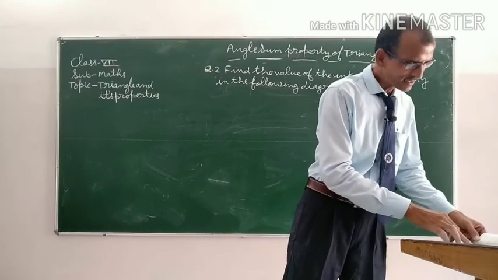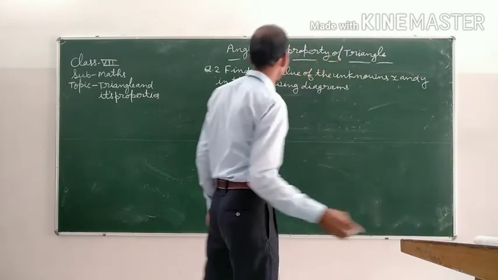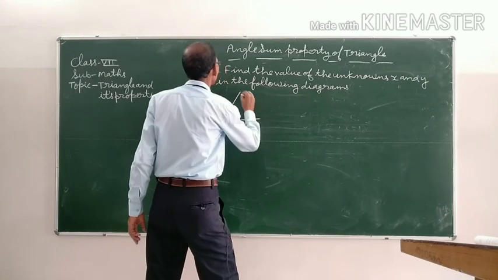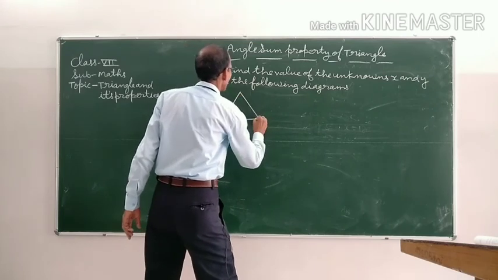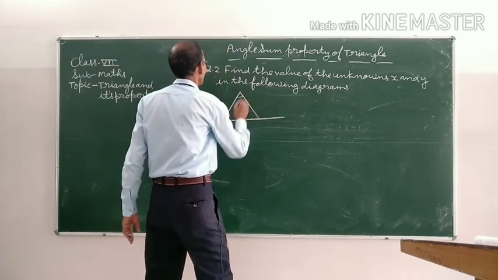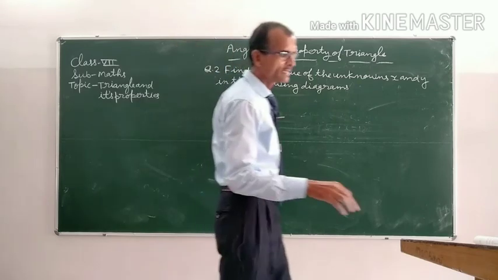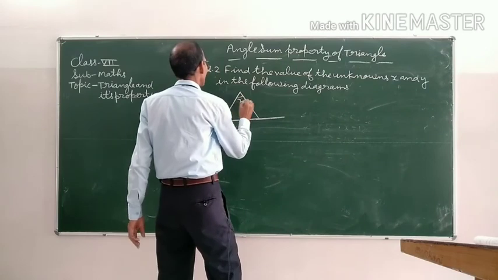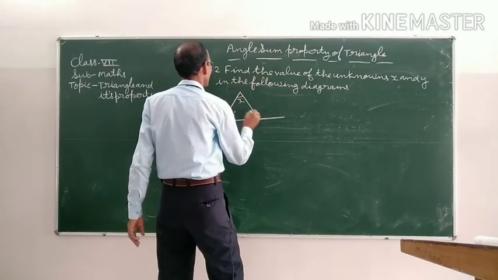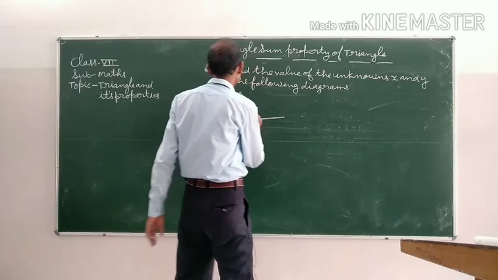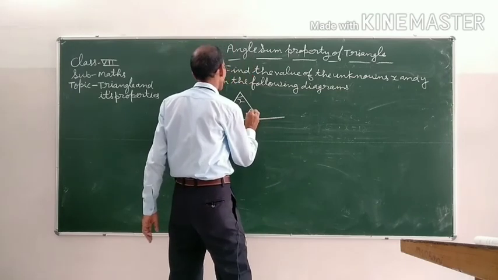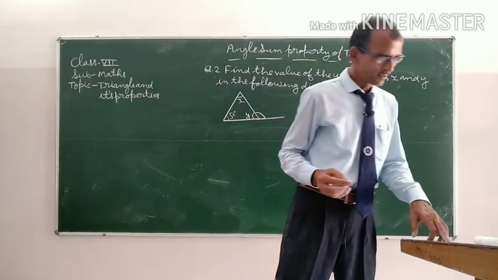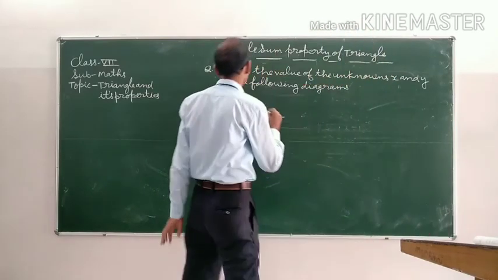The diagram is like this. We are given a triangle in which this angle is X, this is 50, and this is Y, and this exterior angle is given 120 degree.